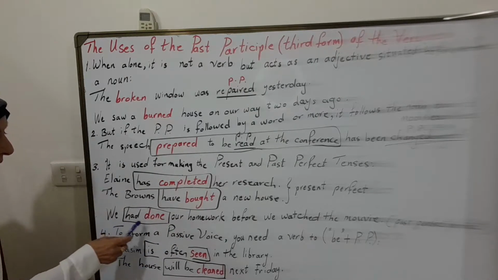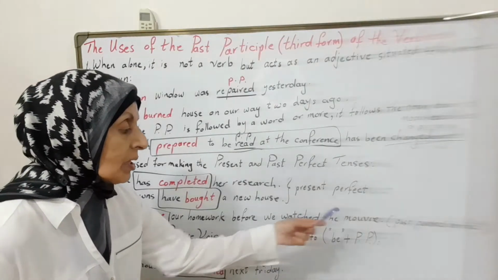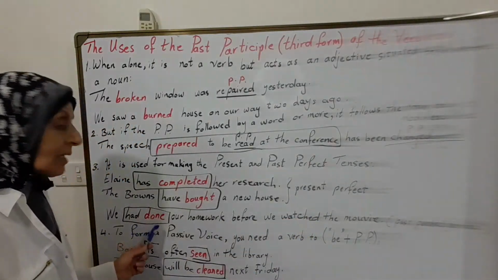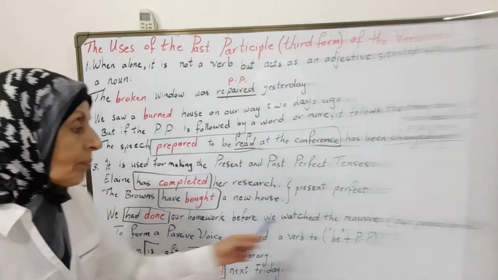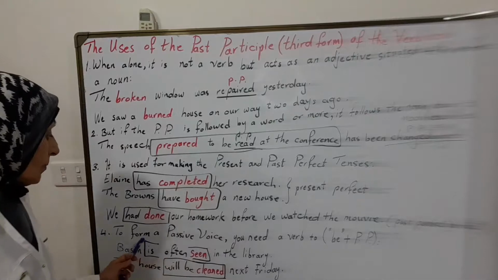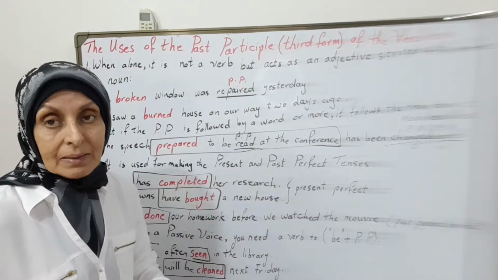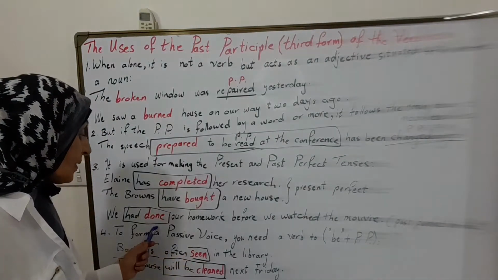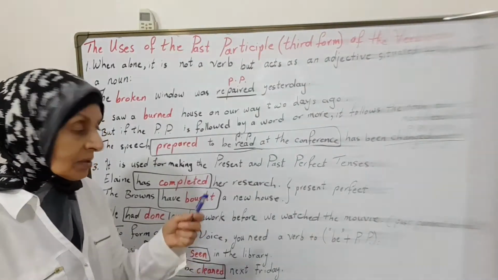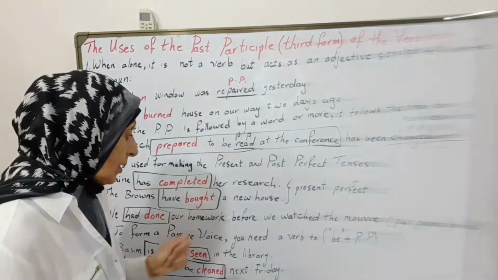And we had done our homework before we watched the movie. We had done. This is the past participle. Please, we will talk about that later. We had done this action before we did another action.